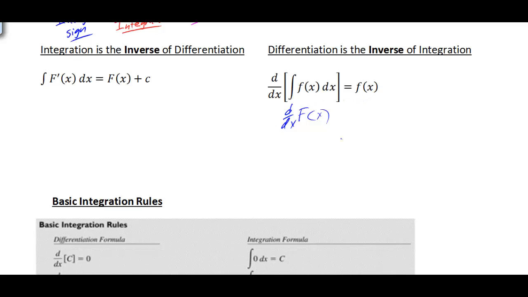So once again, this is just showing you that integration and differentiation are inverses of each other. It's kind of like if you multiply some number by 2 and then you divide by 2, you're doing the inverse and they're going to cancel each other out.